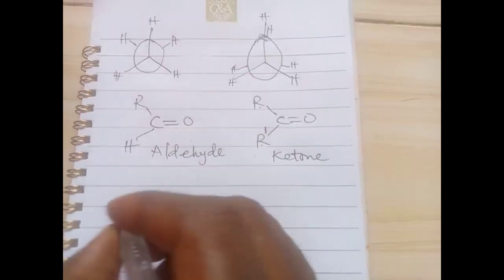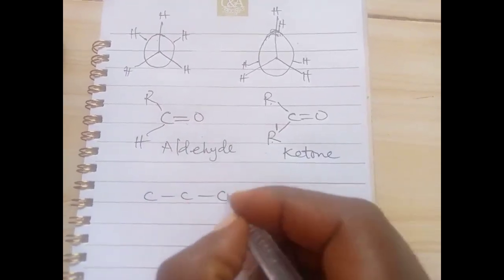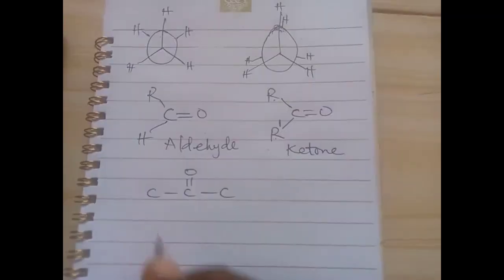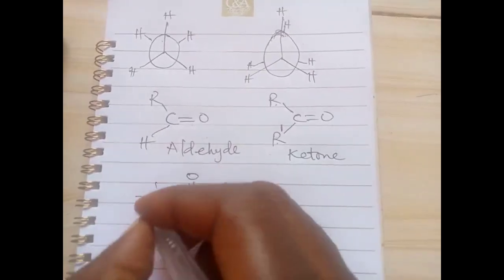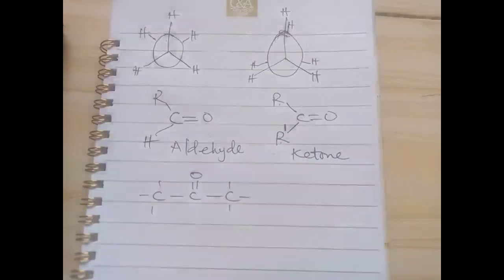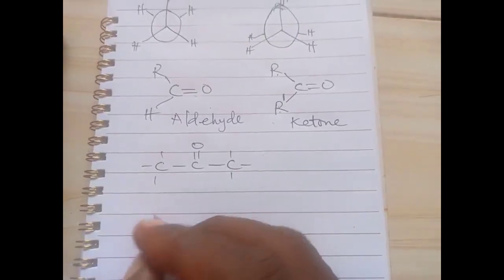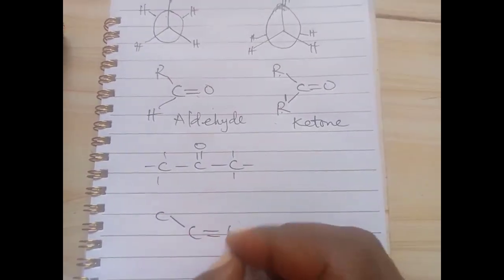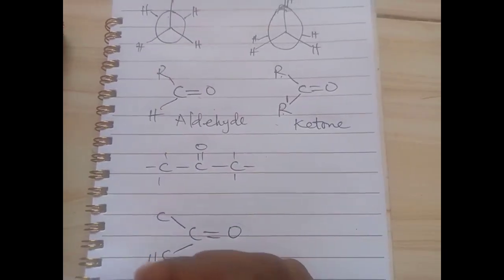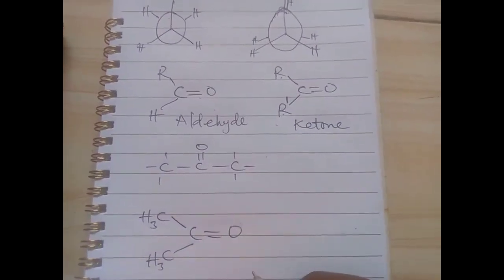So the next question, for propanone, we have 1, 2, 3. So this is propanone. Another name for it is acetone. Remember, hydrogens. The next one is dimethyl ketone. Dimethyl ketone, still called acetone.